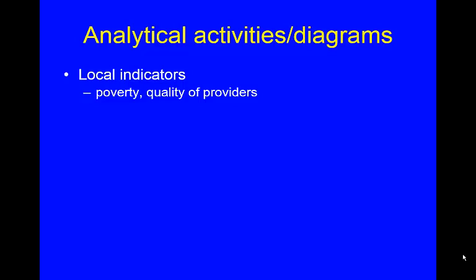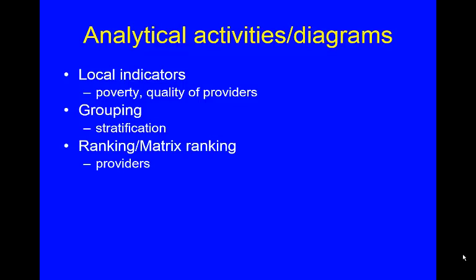How would you choose a provider? How would you rate providers? Grouping of providers, stratification. How would you group the people in this village? What groups are there? What are the criteria on which people fall into different groups? Ranking.